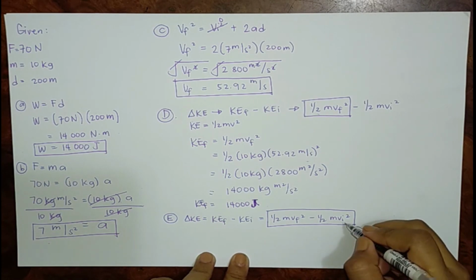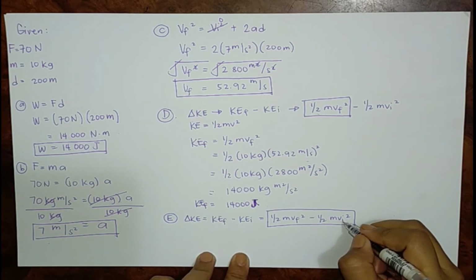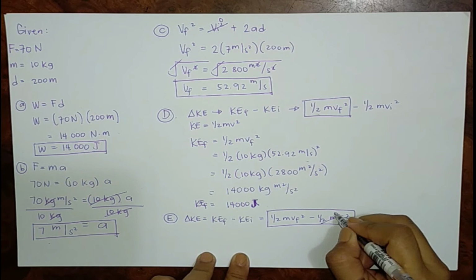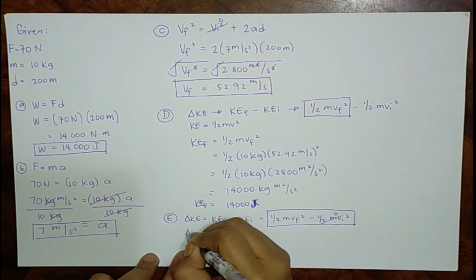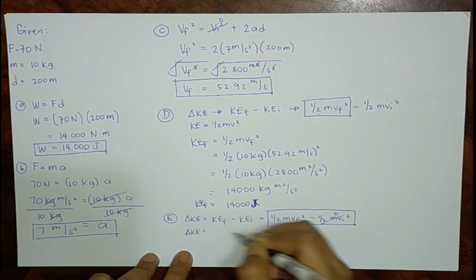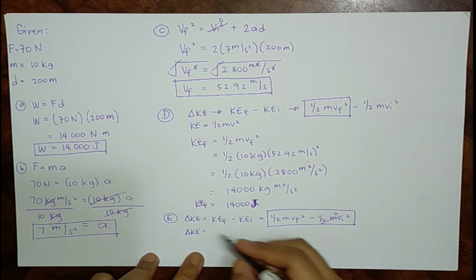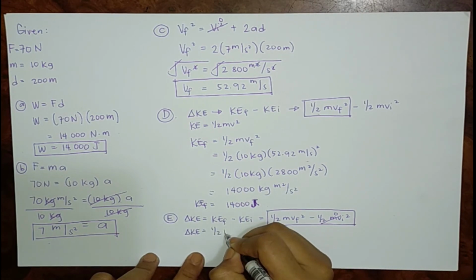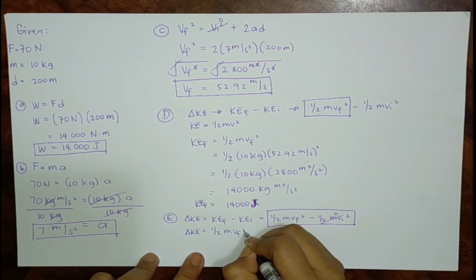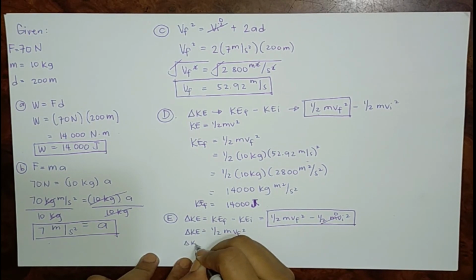So the initial velocity will be equal to 0, then therefore cancel this one. The variable left is 1/2 mvf squared.